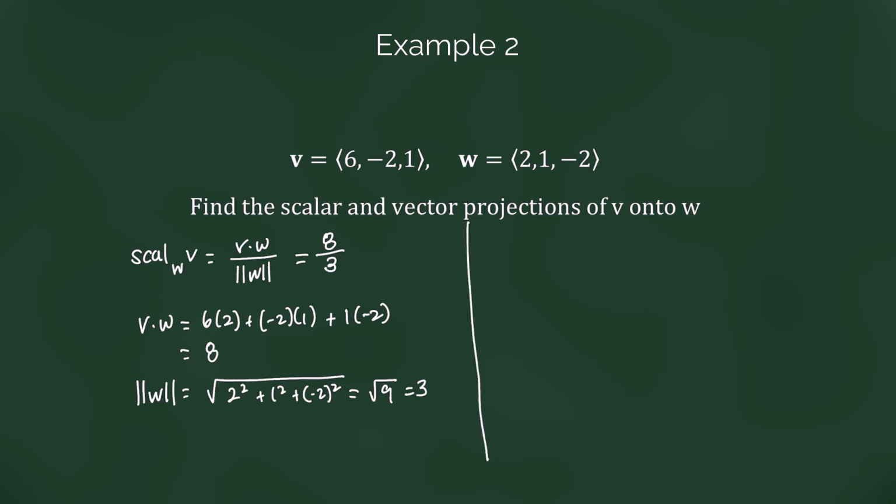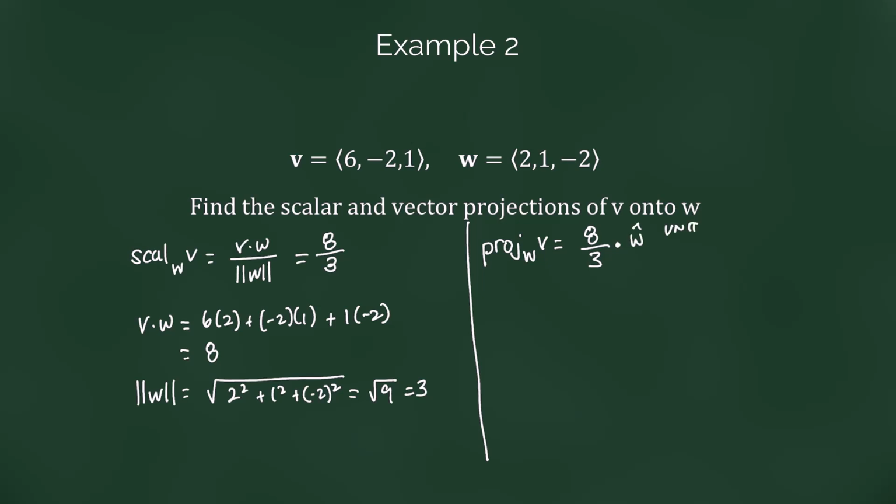Now let's look at the projection. So this time we're computing a vector rather than a length. And we know the formula for that is, well, we can take the scalar, 8/3, and we can multiply it by the unit vector W hat.